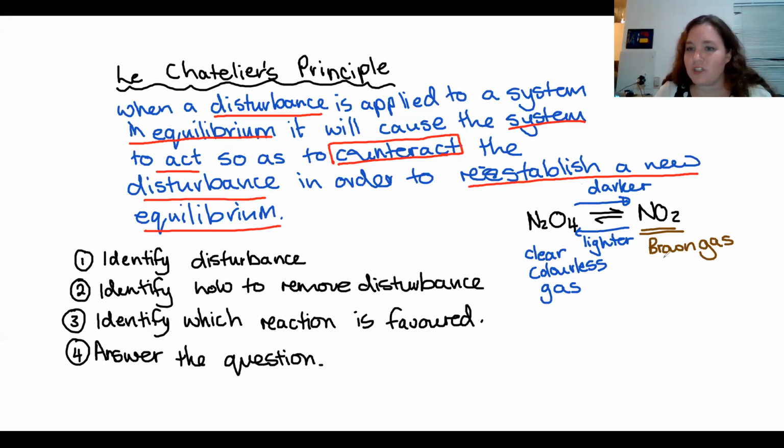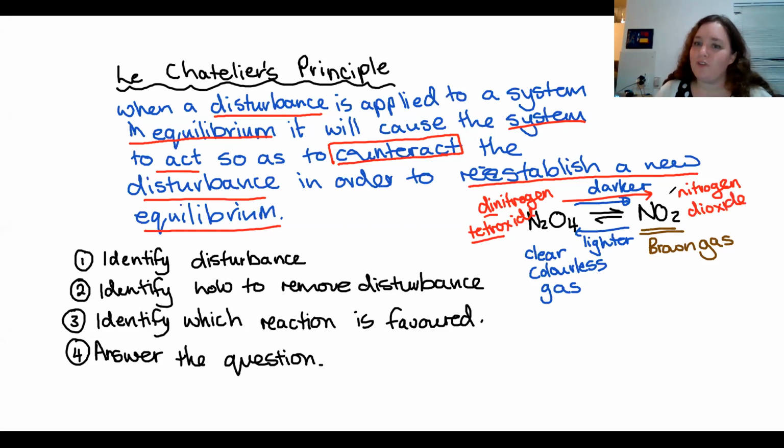If the forward reaction is happening, we are turning, this is called dinitrogen tetroxide. Actually makes sense. Di, 2 nitrogens, tetra, 4 oxygens, and this is nitrogen dioxide. Okay, so if we favor the forward reaction, we can say that the concentration of N2O4 will go down because we're using it up.